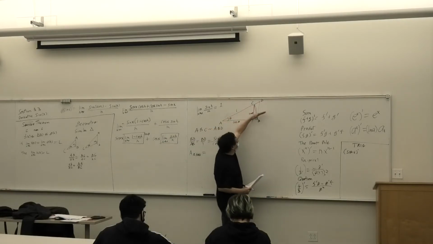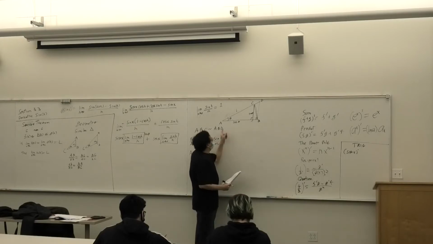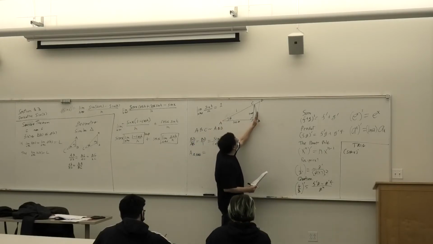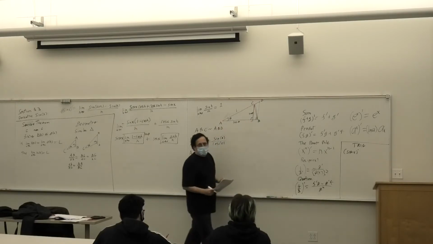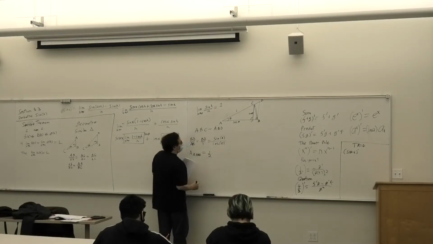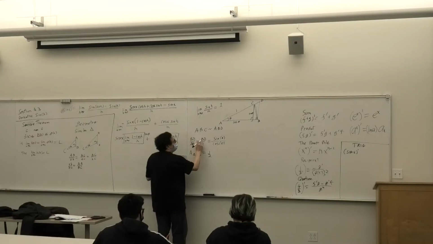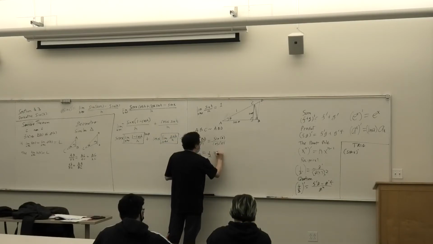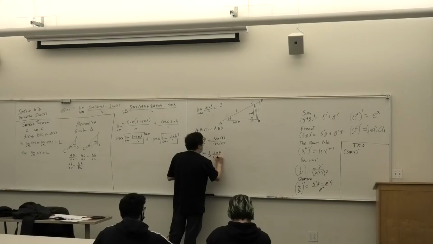That's the big triangle here. Well, it's going to be 1 times the altitude divided by 2. So 1/2, well, what did we decide the altitude BD is? That's sine of theta over cosine of theta.